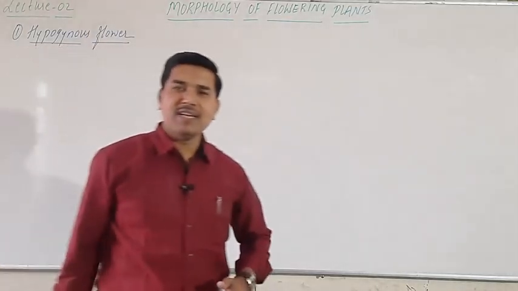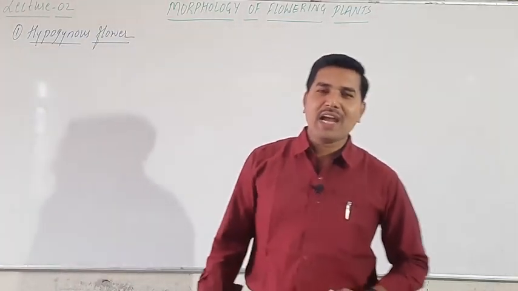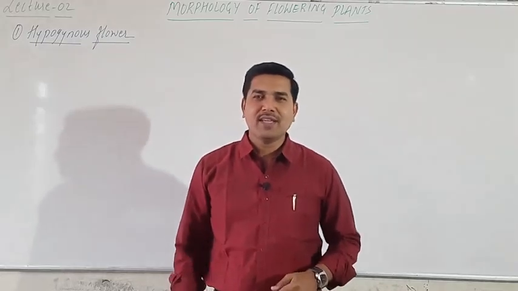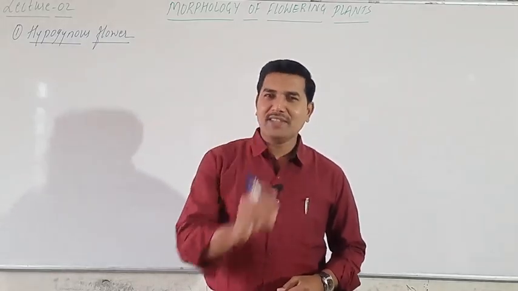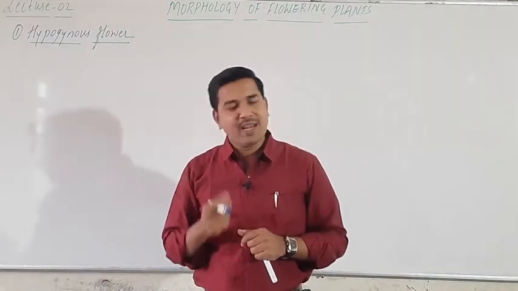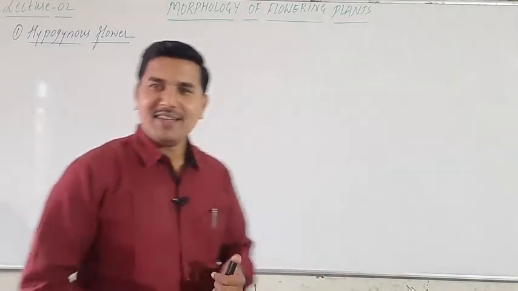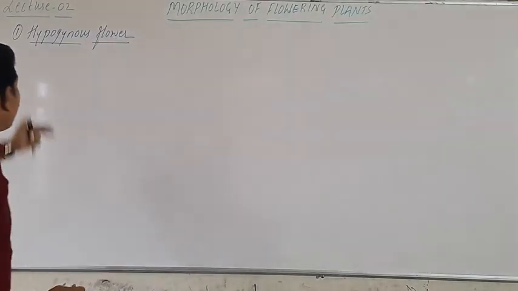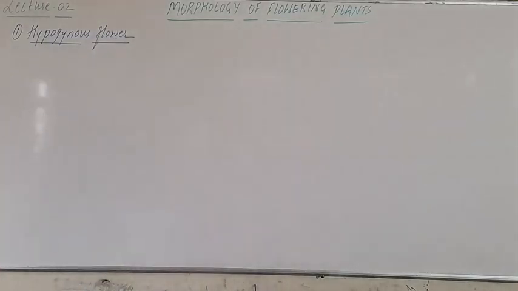Okay, so let us take hypogynous. Hypogynous means the floral appendages arises below the ovary. Let's look at the statement and let's discuss regarding this point. Now hypogynous flower, the meaning of the hypogynous flower.